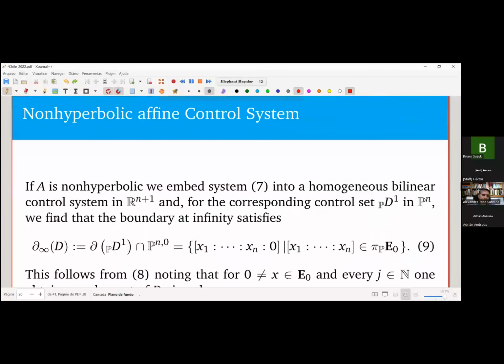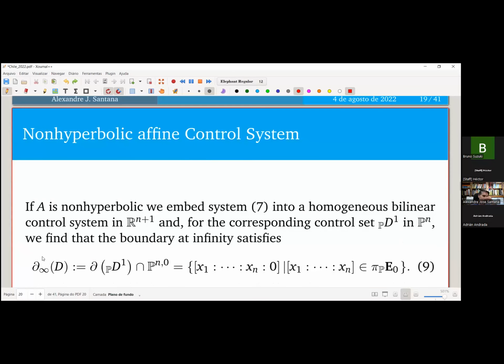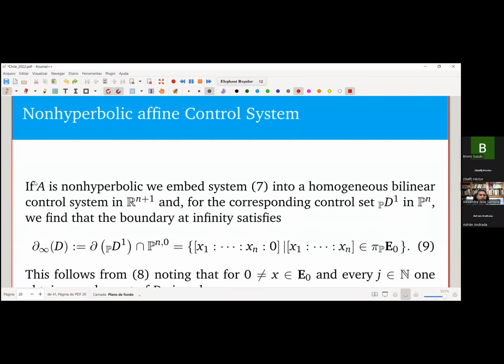Then, in the case of a linear system, the result that we get is the following. First, if we have a non-hyperbolic system, we embed the system in a homogeneous bilinear system.